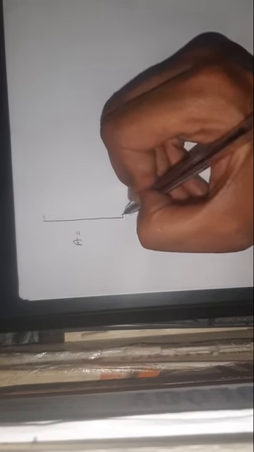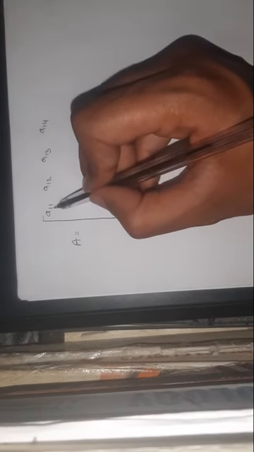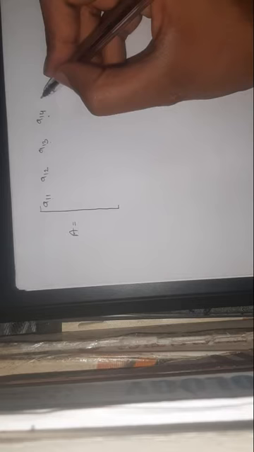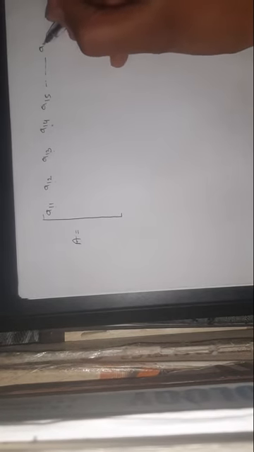Let's see an example. A11, A12, A13, A14. Now look, the first index is 1 in all of them, meaning all these elements are in the first row. A15 up to A1n.